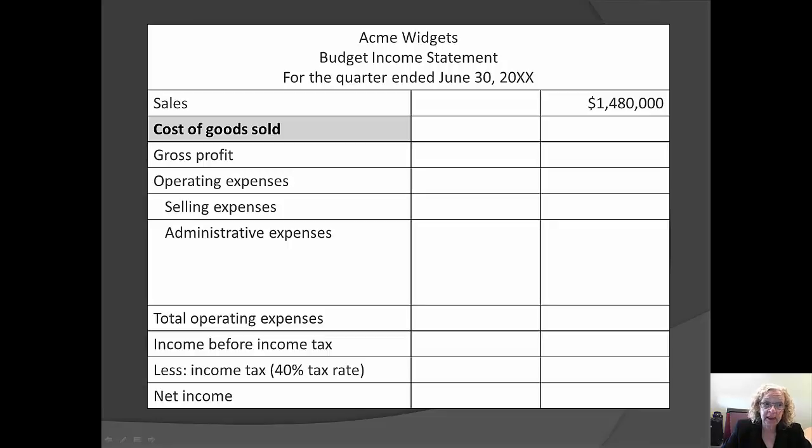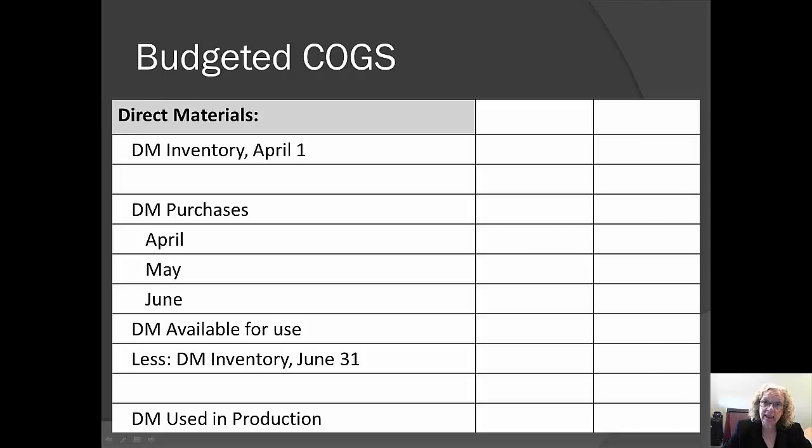That means that we need to compute cost of goods sold in very much the same way that we did when we were making a schedule of cost of goods manufactured and sold in an earlier chapter. So, let's see what goes into cost of goods sold. First, we need to account for direct materials.